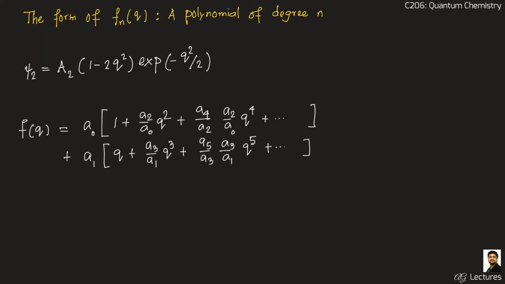Let us quickly check why a certain f has a particular form. For example, I have taken here the case of f2, that is there in n and psi 2. So this is our f2. Now f2 has this particular form, and the general form for f is this. So when n equals 2, we know that a1 has to be 0.